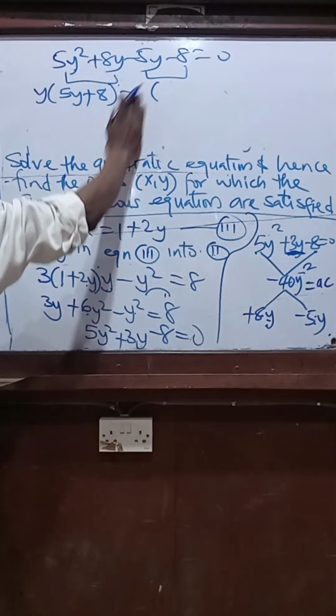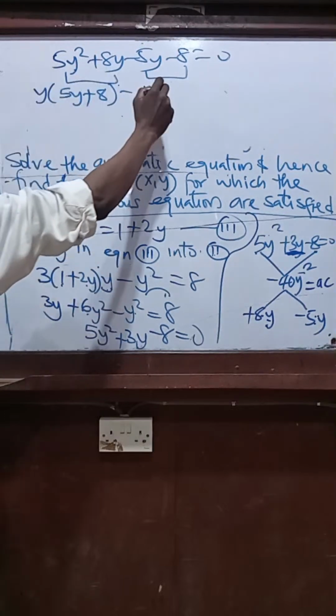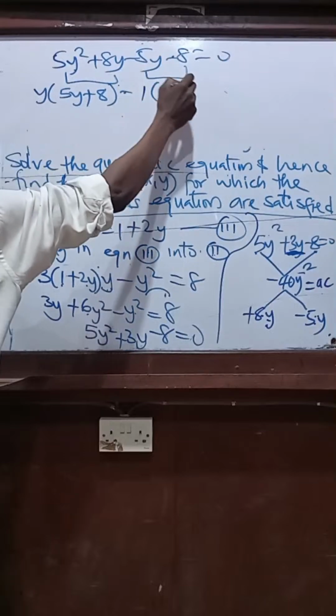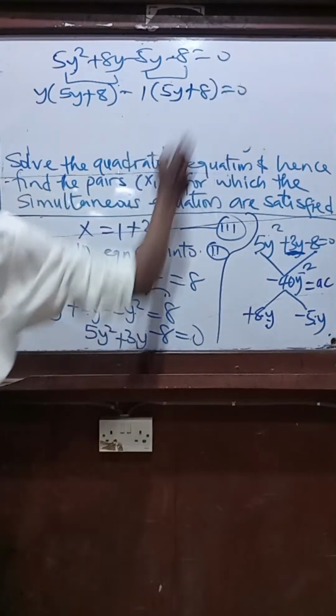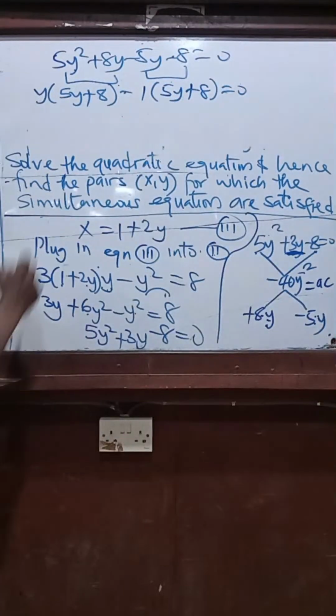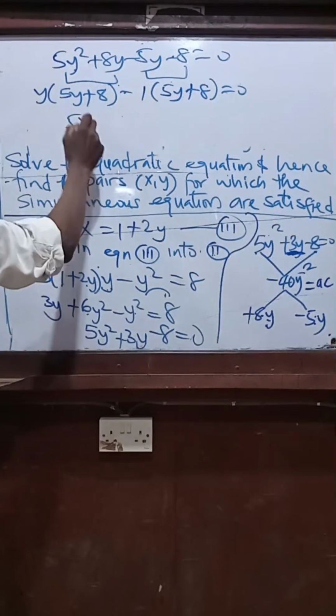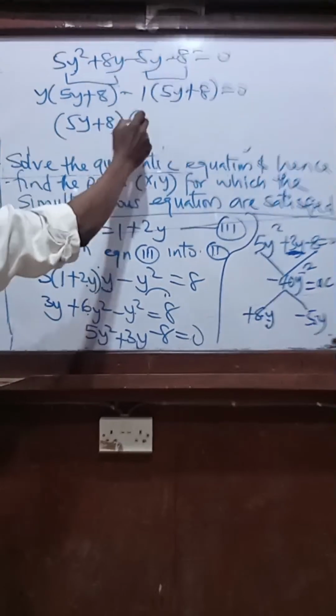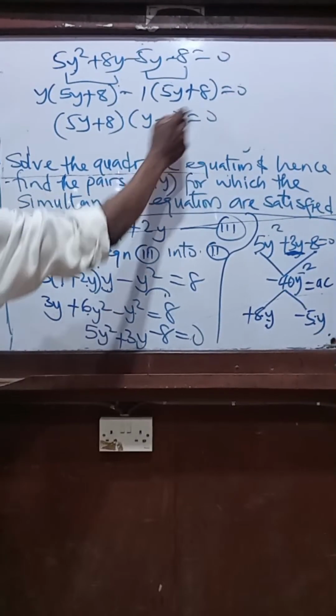This will be minus 1, minus 1 is common here, that will be 5y, minus times minus is plus 8. So we're going to have 5y plus 8 times y minus 1 equal to 0.